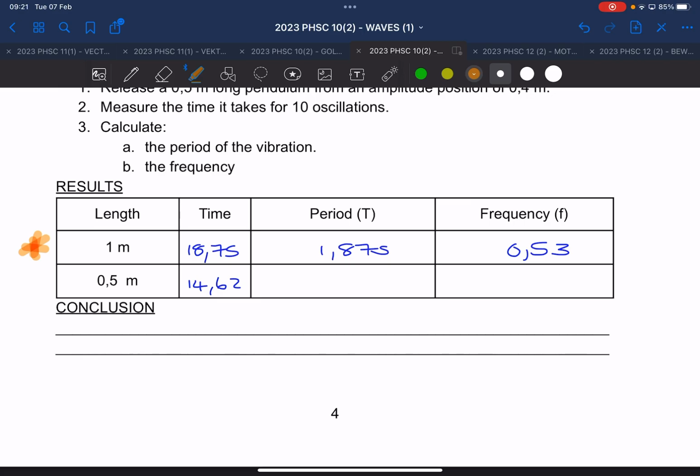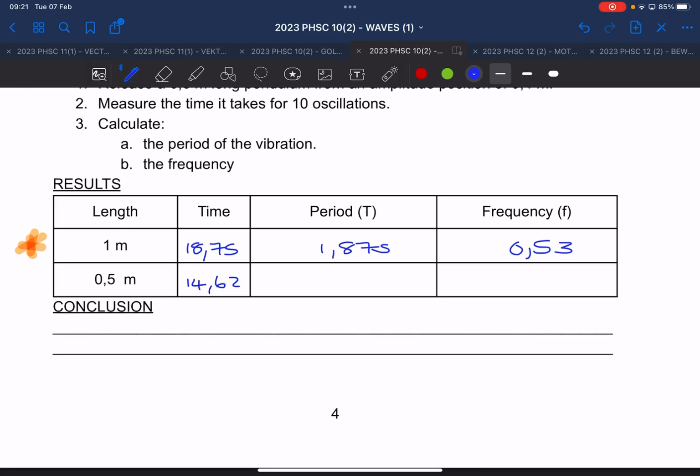Okay. So we got our time. Now we need to calculate our period. Pole, how are we going to calculate the period? We did it there at the top.